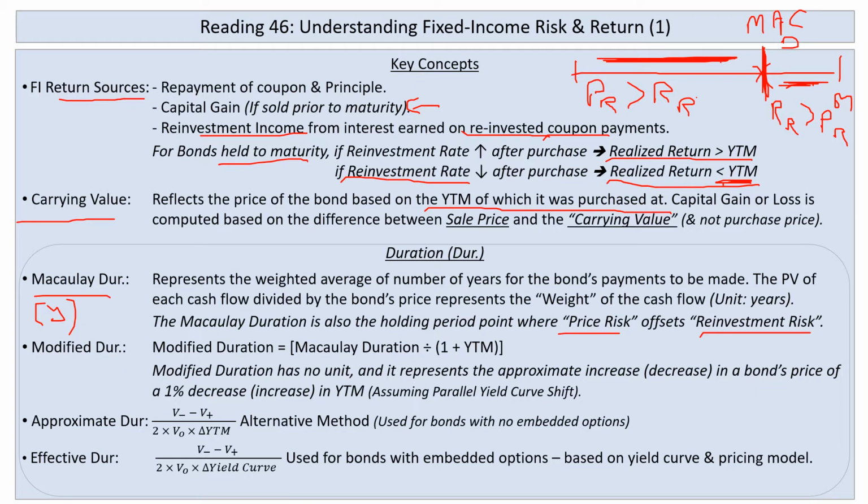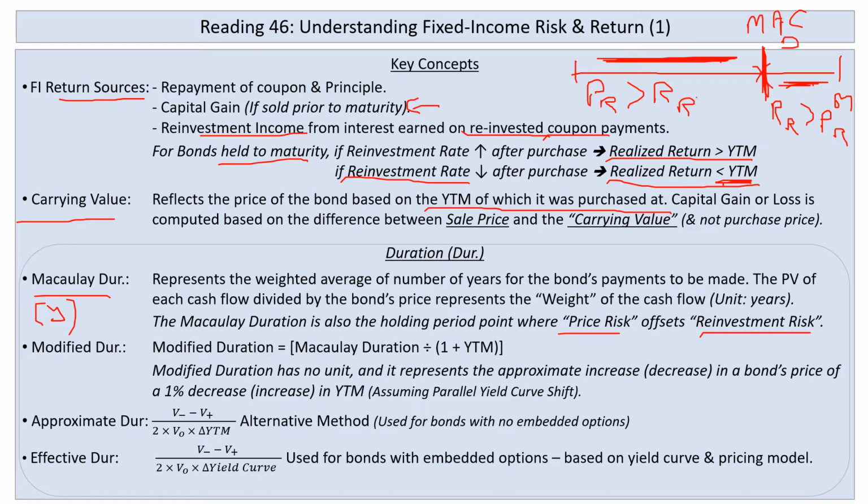So if the investor sells the bond at the Mac duration point, the investor would be indifferent if rates increase or decrease, because any YTM decrease would lead to a capital gain, true. However, it would lead to a decrease in reinvestment income, so that gain from the capital gain would be offset by the reinvestment income decrease.